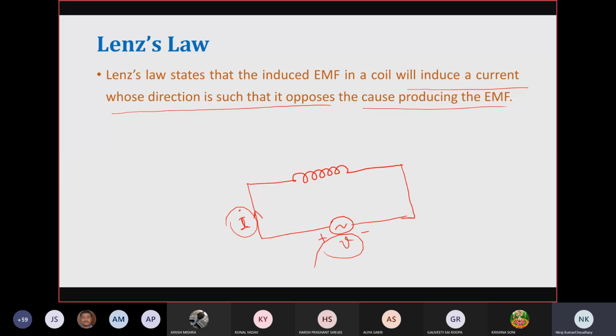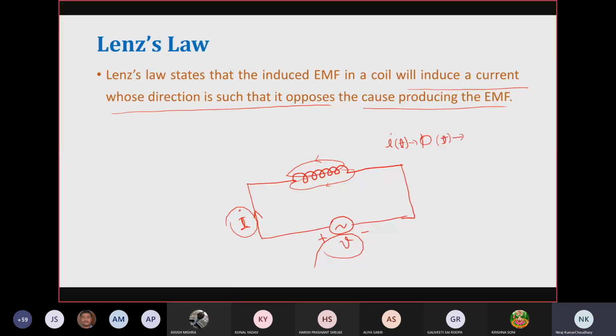Now, according to Faraday's law of electromagnetic induction, what will happen when a current links any coil or conductor? When the current flows, flux will be produced first. That flux will again be time varying in nature, because your current is time varying. Flux will also be time varying in nature.